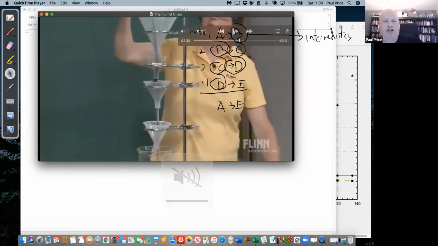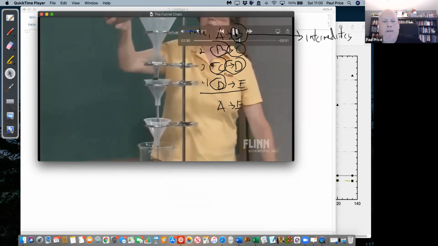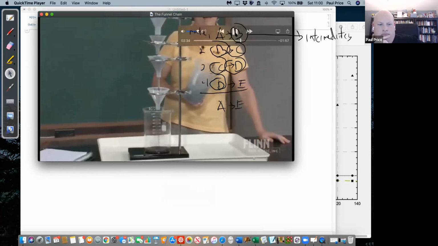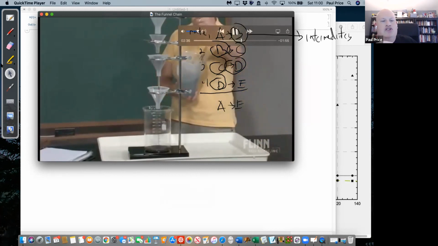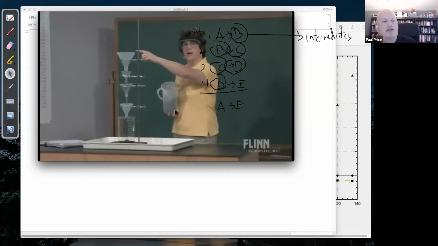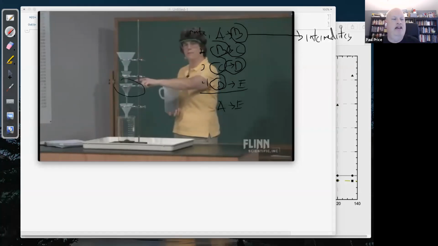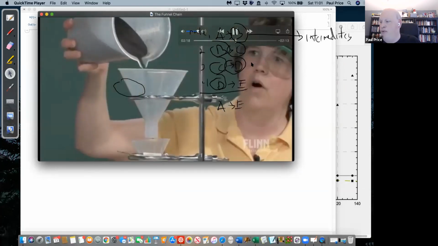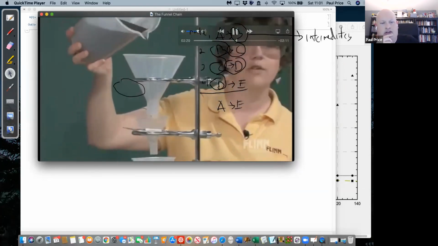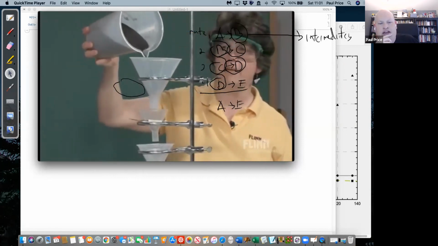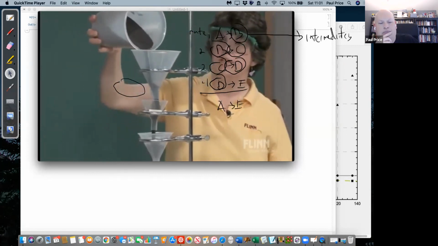I'll let the video run across. Focus your attention right here. Okay, she goes across. Focus right there, because if we go back and look at the video, as we pour through and she starts again, watch how the 3rd funnel takes forever to unfill.